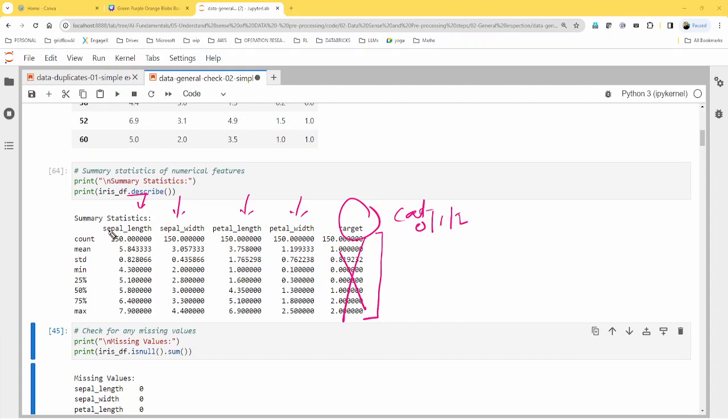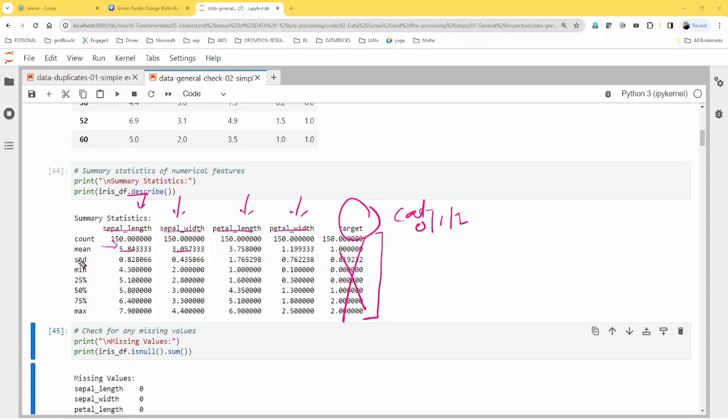But the other columns, like sepal length, sepal width, and petal length, are numeric. What we see here is the mean value is 5.8. If you're a domain expert, you can verify whether 5.8 really makes sense, or 3.0 makes sense, as a mean value or a general value in the column.